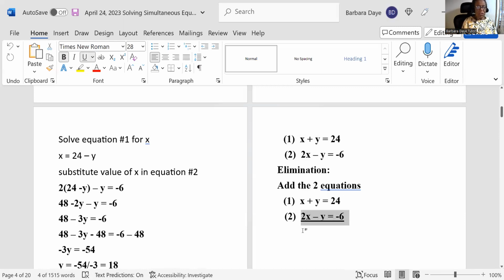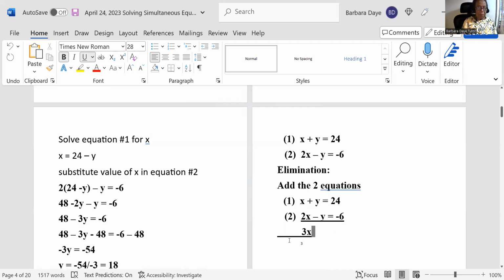What's 2x plus x, Mercedes? That will be 3x, that's right, because x is 1x. Let me put this here so it's bigger. 3x.